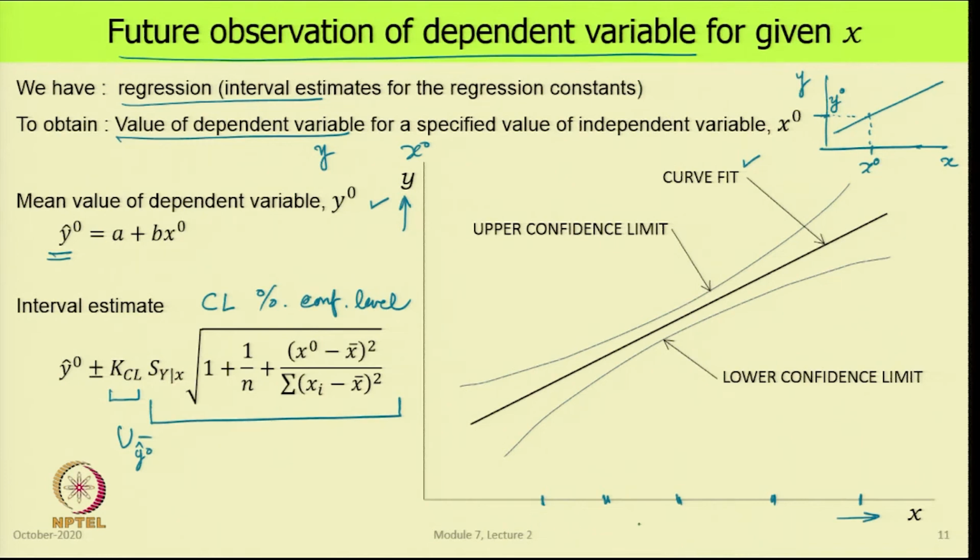So, these are different values x 0 could take. We can say that this is x 0 1, we can say this is x 0 2 and like that. And we are asking the question, what is y 0 1 and its uncertainty? In the second case, what is y 0 from the second experiment, these are predicted values, y hat, and what is its uncertainty?